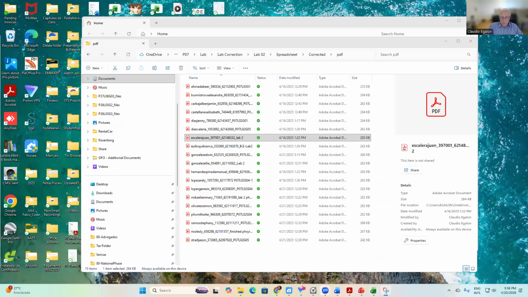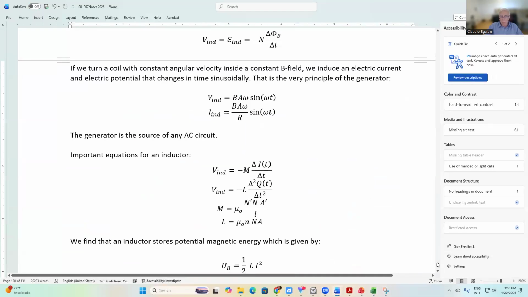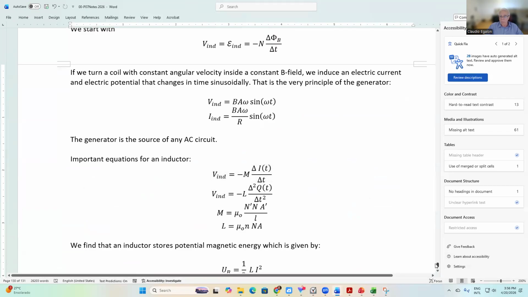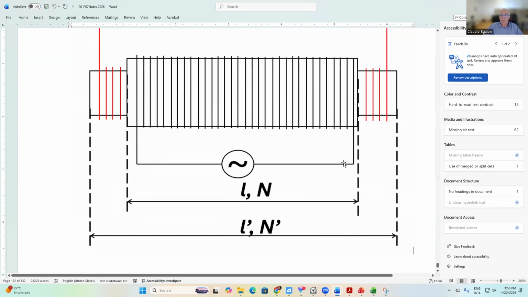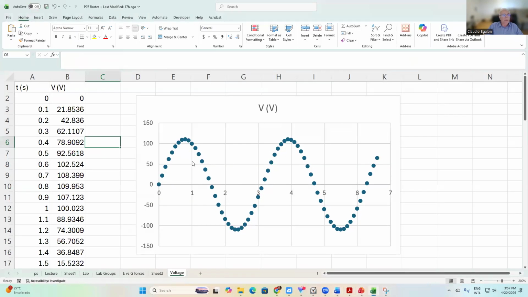And I have also to copy the voltage of my generator.